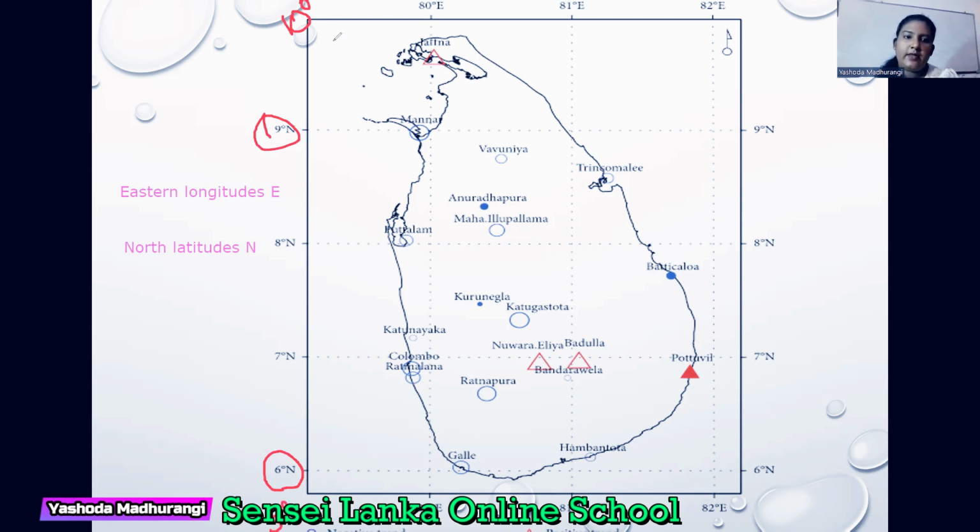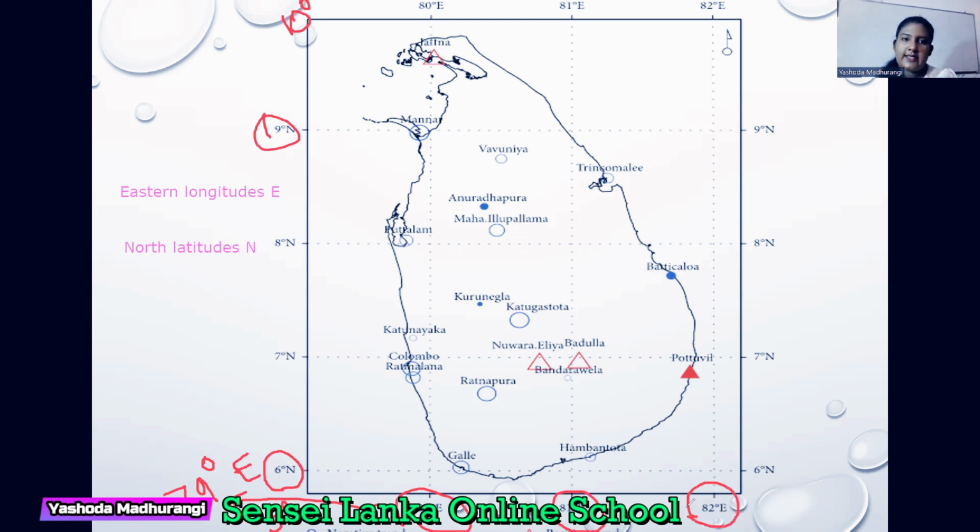So between 5 and 10, Sri Lanka is located. Then 80 is here, eastern longitudes, 80 is here. If 80 is there, 79 is here. Letter E should be there. 79, 80, 81. Look at my screen. 82.